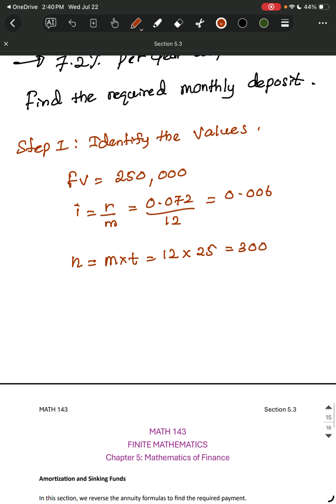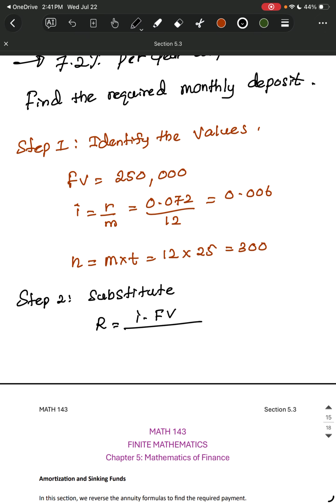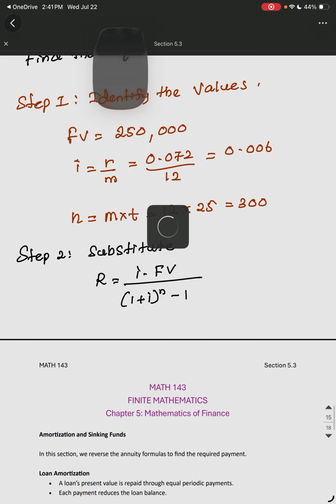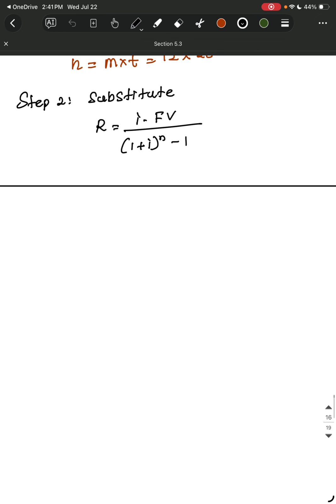Then step 2, substitute. R equals i times future value over (1 plus i)^n minus 1. Then let's substitute those calculated values.